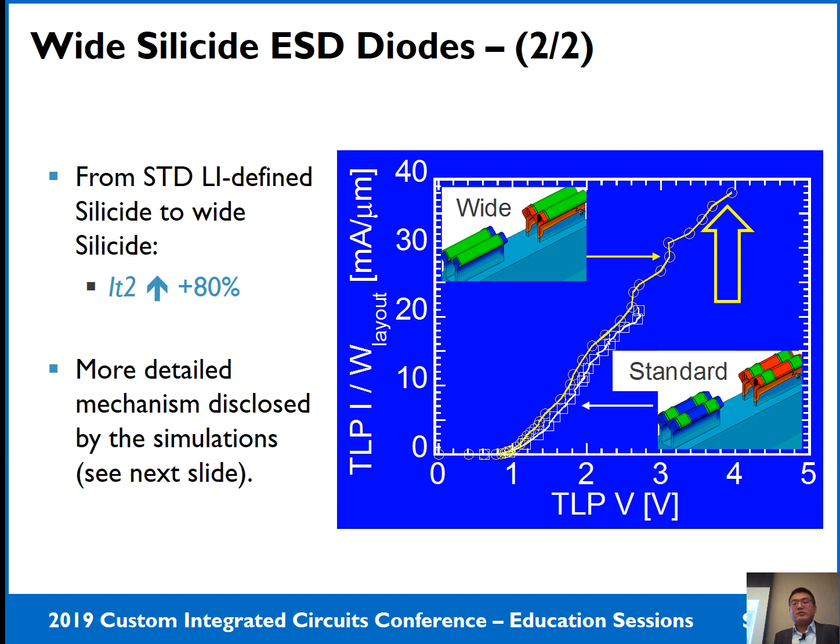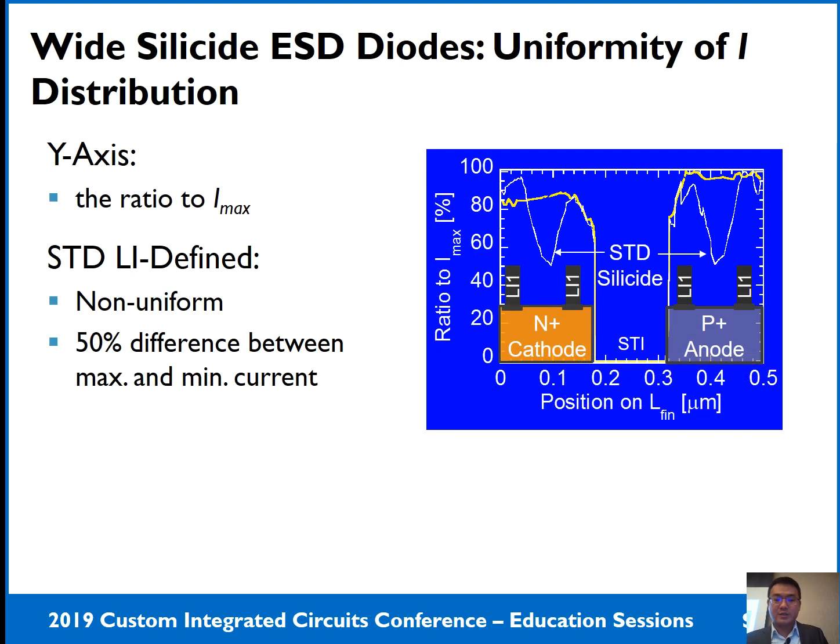But this still needs an additional process or additional mask to define the silicide. The more detailed mechanism of why this wide silicide can enhance the ESD diode performance will be disclosed in the following slide. In this slide, the y-axis is the current ratio to the maximum current value.